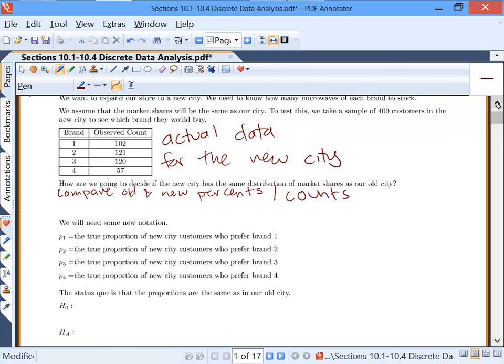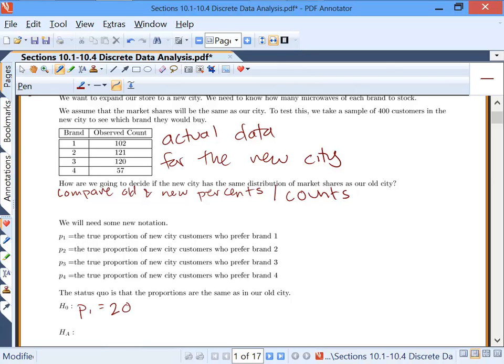Right. So now we look at our hypotheses. Again, the status quo would be that the proportions are the same as in our old city, which means that the proportion of new customers in the new city who prefer brand 1 would be equal to what? Brand 1's percent. For our old city, brand 1's percent was 20%.